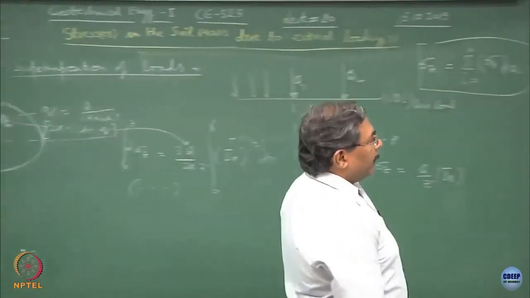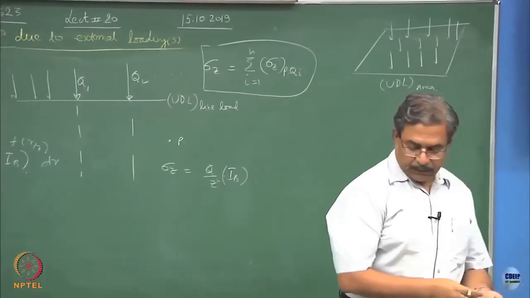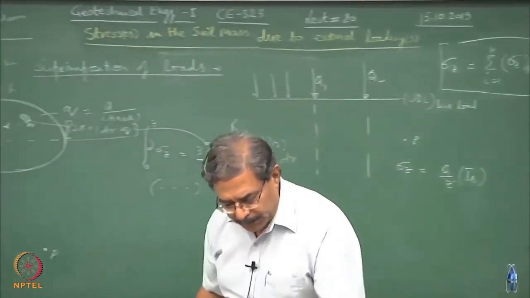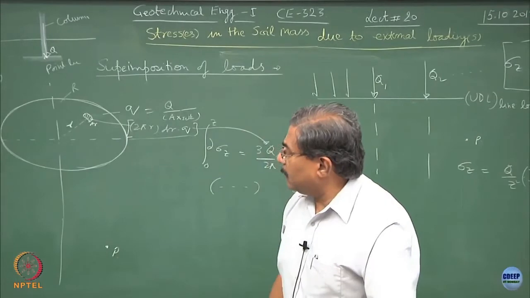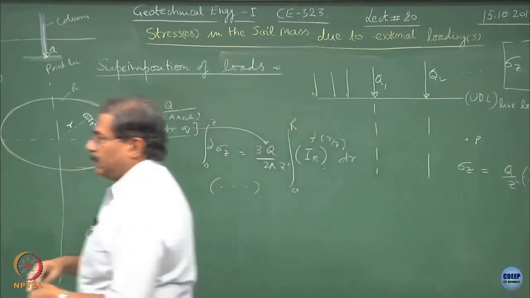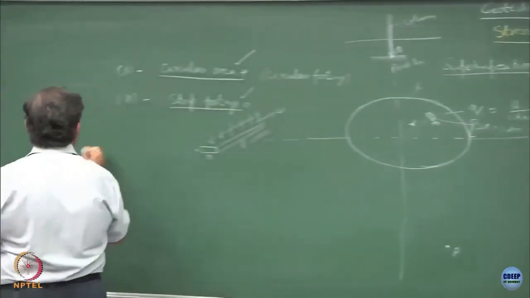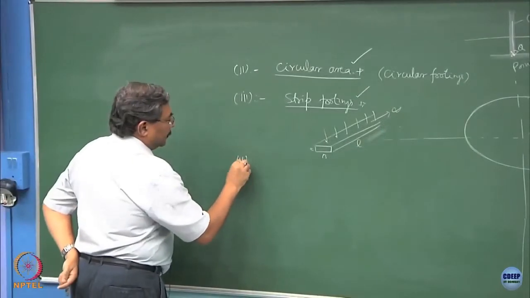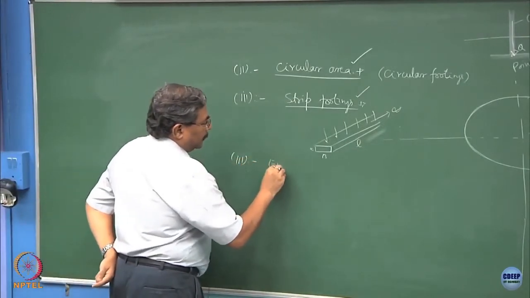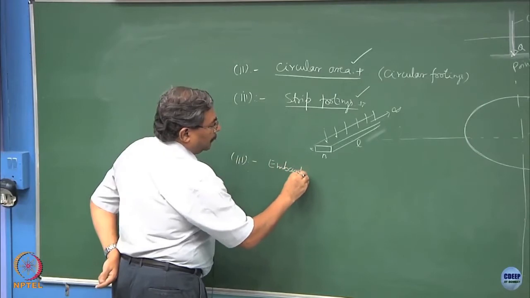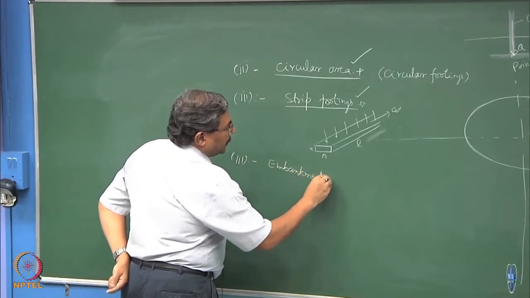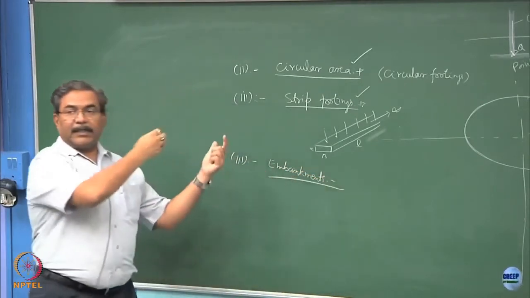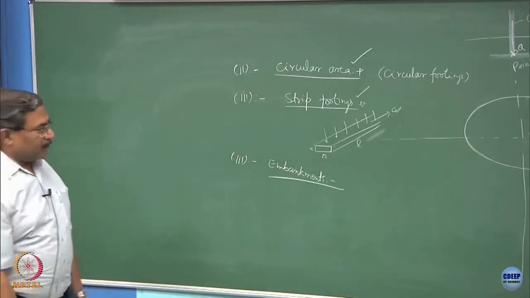Now whenever you make embankments, as far as the foundation part is concerned, this is nothing but the strip foundations, embankments. Embankments are nothing but the dams which we were discussing in the previous lecture as far as the seepage analysis was concerned.